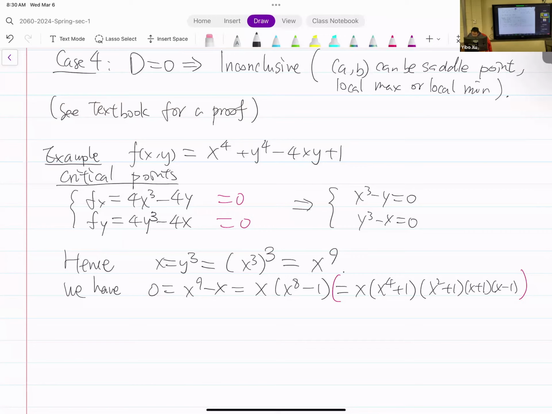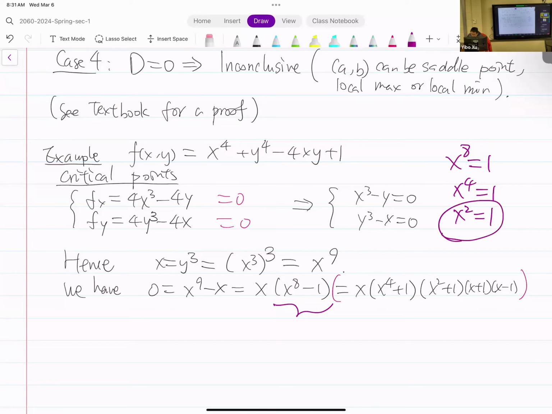Another way to think about it is that my x to the 8 must be 1 from here. If you take the square root, you have to have the positive square root, right? And if you take the square root further, you will still have the positive square root because the expressions on the left-hand side are all non-negative, right?